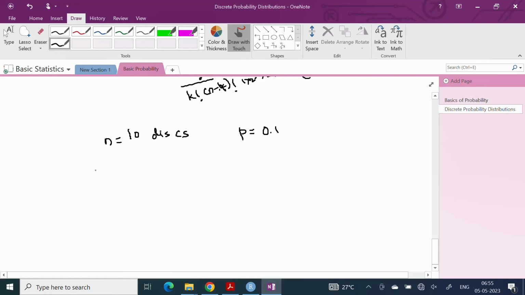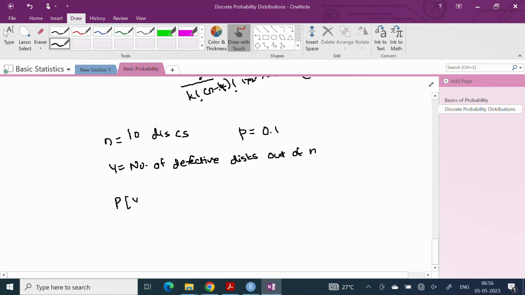Okay, let me use y because we have been using y for binomial. Suppose y is the number of defective disks out of n. Then what are the probabilities of y?